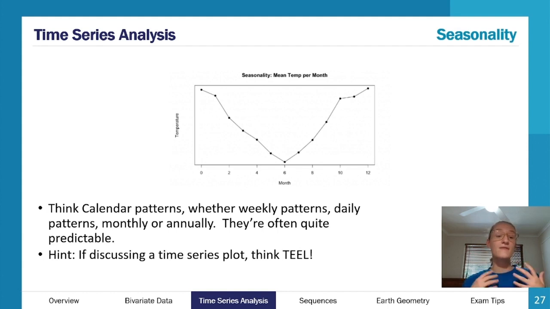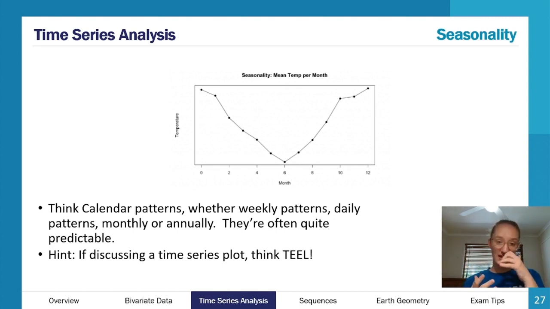And again, if we're discussing a time series plot, TEAL is actually a really good structure to come back to, because T, we're thinking about our topic sentence. What is it that we're discussing? What have we noticed? E is evidence. Whenever you're maybe giving a bit of a paragraph answer describing what you're seeing in your time series plot, it's really important to make sure that you're actually giving evidence.